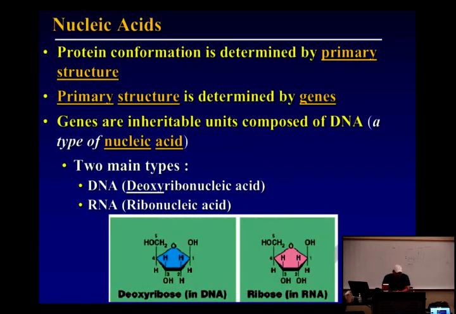Okay, which one has more or less oxygen? Ribose has one more oxygen. Deoxy has one less oxygen. It's on the number 2 carbon. I'm not going to make you guys know that right now, but eventually you're going to have to know that, because it has to do with how DNA gets copied, and it's really, really important.